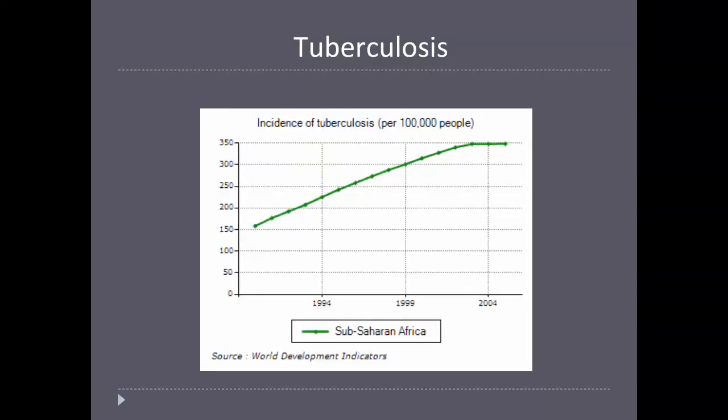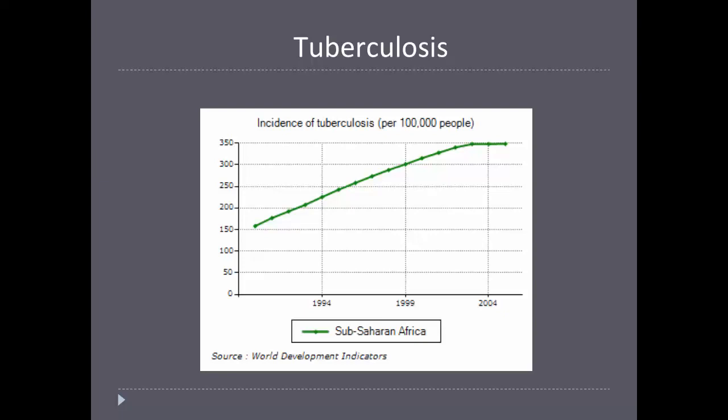If you look over time in sub-Saharan Africa, you can actually see that the incidence of TB per 100,000 people has been increasing between 1994 and 2005. And this has been mostly related to the increase in HIV, making TB much more prevalent.